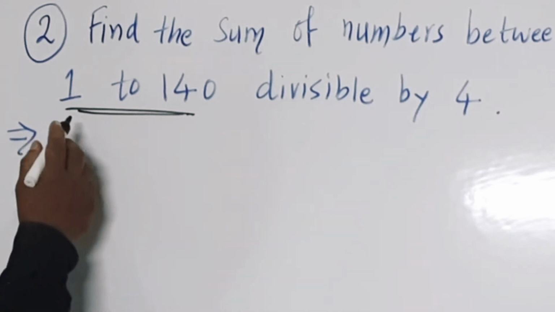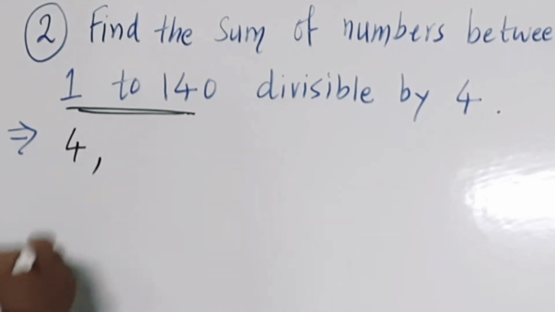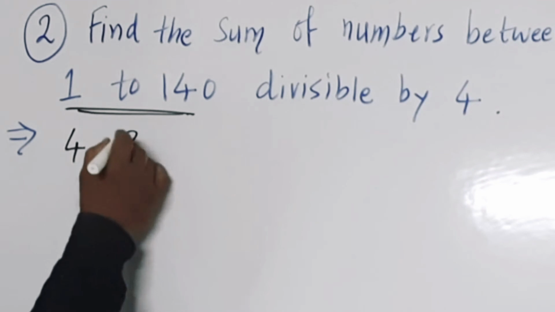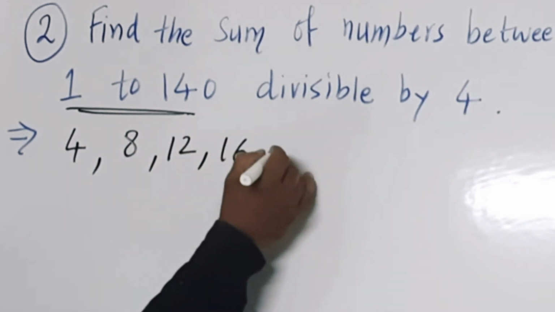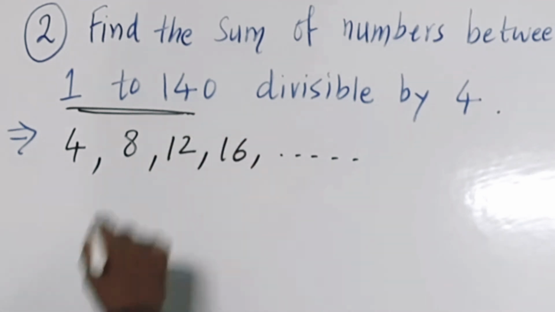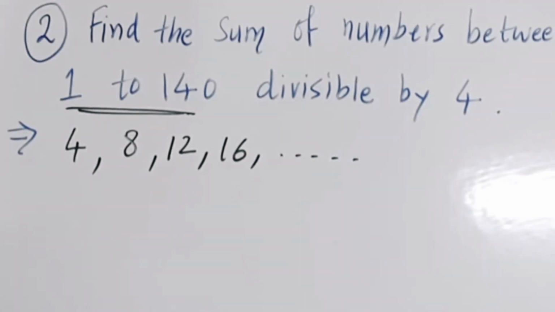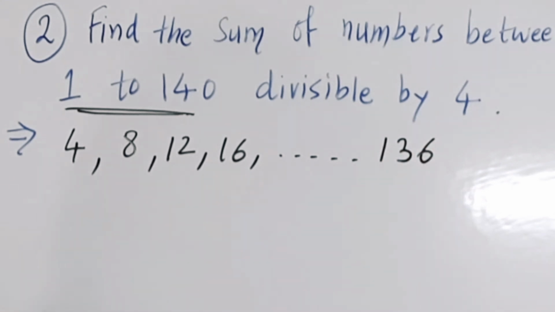So 1 is not divisible, 2, 3, 4 is the first number which is divisible by 4 between 1 to 140. Second, 8, 12, 16 and so on. The last number 140 is divisible, but we want between 1 to 140. So before 140, the number which is divisible by 4 is 136.